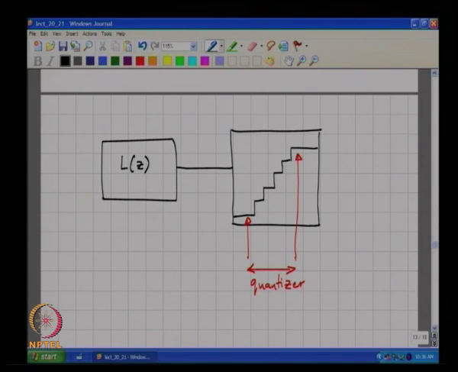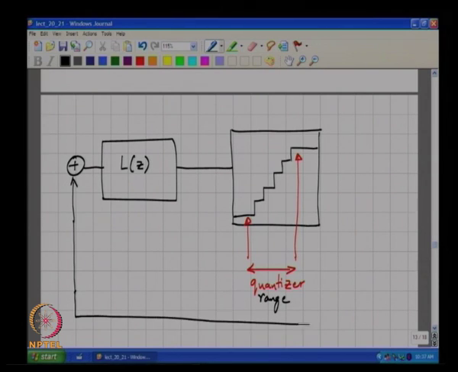One by 1 plus L of z is the noise transfer function. Okay. And this is V, this is Y, this is U.